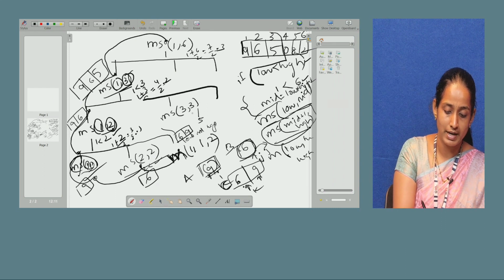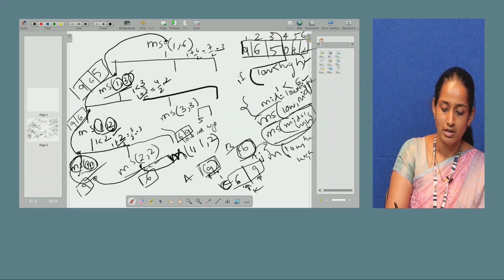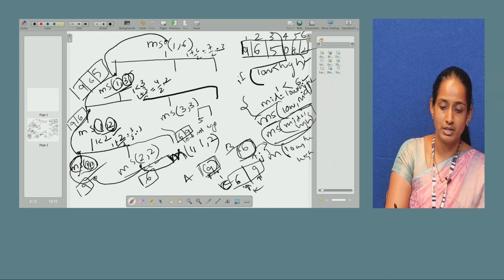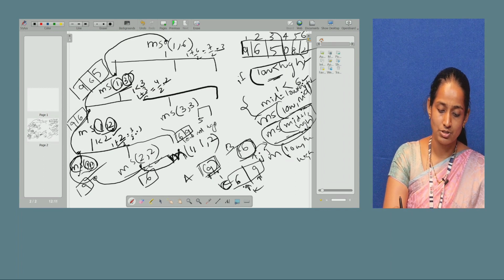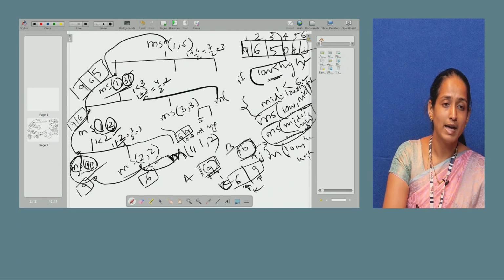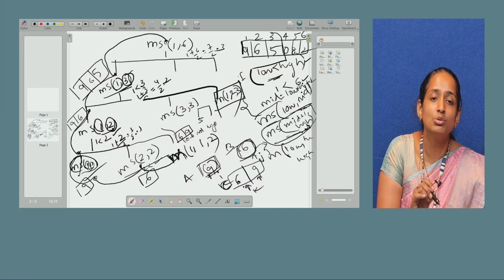Whenever we get this, we recursively call, and at that point the condition low less than high will fail. Then we will get merge of low comma mid comma high. That means here low value is 1, mid value is 2, and the high value is 3. That means we are merging M of 1 comma 2 comma 3.